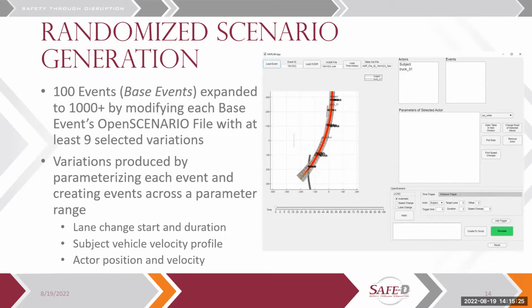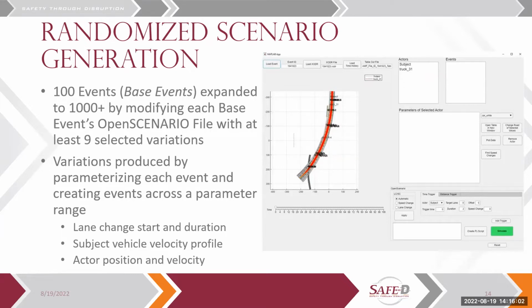You can see there we've got the lane change, start and duration times, the subject vehicle velocity profile, and then the actor position and velocity, the other actors within the simulation. So we were able to expand the list to over 1,000 events from the baseline 100. And like I say, we're able to change the major outcomes of the event, from the different crash severity levels, by moving the vehicles around or speeding up and slowing them down.